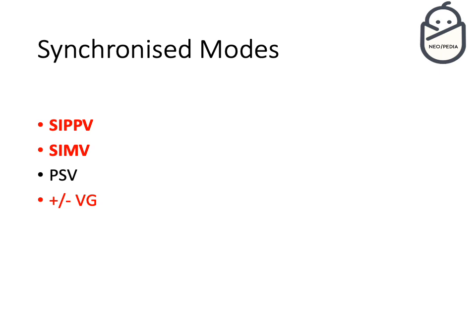So it's either pressure only, which is SIPPV or SIMV or PSV, or pressure and volume, which is the common practice here in the tertiary units in the United Kingdom.